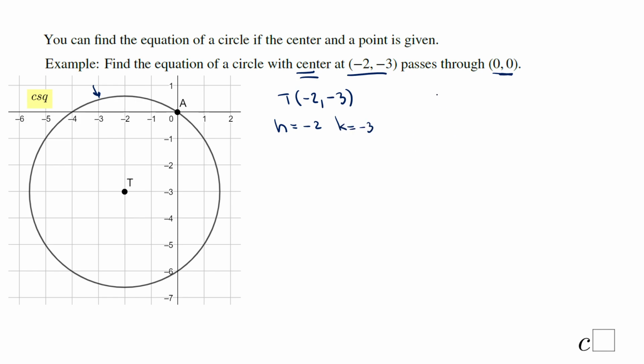So in that standard form, (x minus h) squared plus (y minus k) squared equals r squared, we have h and k. We need to find the radius. For that reason, I think drawing the picture will help you in this case, because you see this is the radius, and if you do not remember the distance formula, you can use something else, which I'm going to show you.